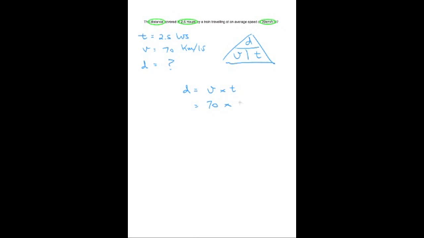Our time is 2.5, and so therefore our distance is 70 times 2.5, which of course comes to 175 kilometers. And there is our answer.